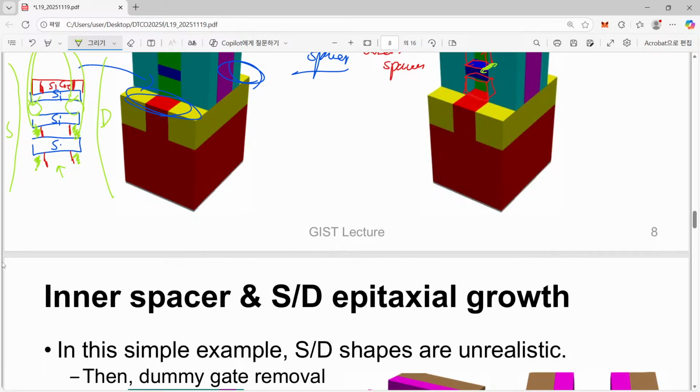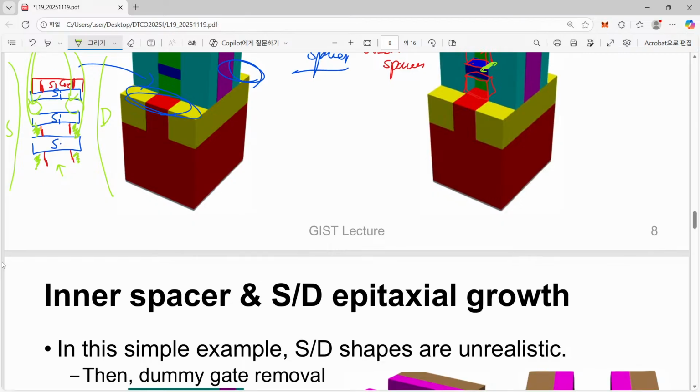And how precisely can we etch silicon germanium? For example, we wanted to etch it 7 nanometer, but due to process variation, let's say that we just have 6 nanometer etched silicon germanium or 8 nanometer etched silicon germanium.